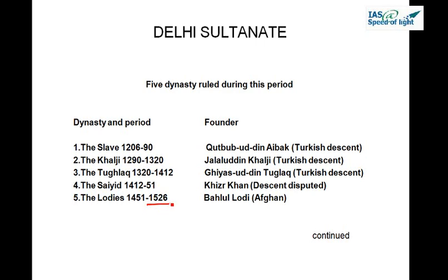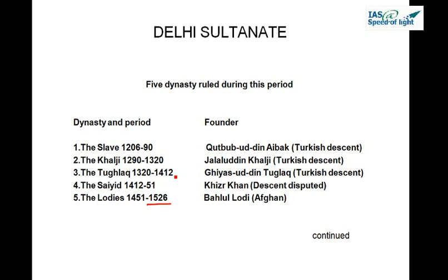Now, in these different dynasties, we will be focusing on the important kings. For example, in the slave dynasty, we will be starting with Qutbuddin Aibak, and then we see two great kings coming from this dynasty, which were Iltutmish and Balban. In Khaljis, we will be focusing on Alauddin Khalji, who is another great king of Delhi Sultanate.